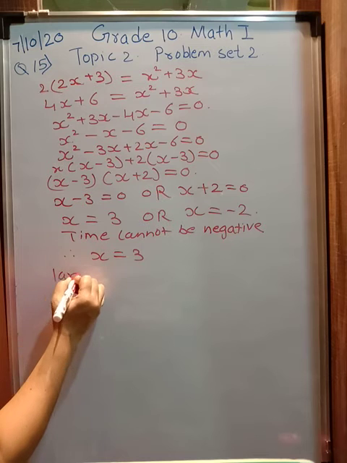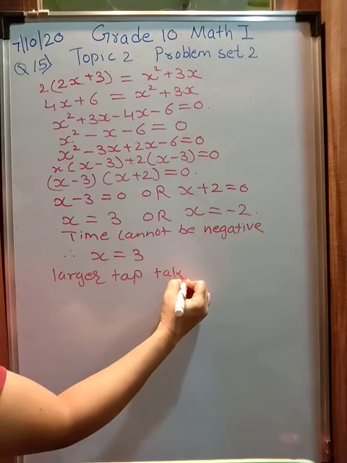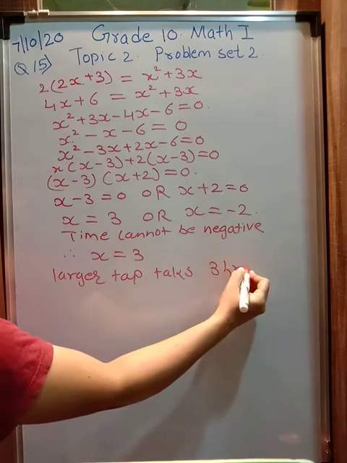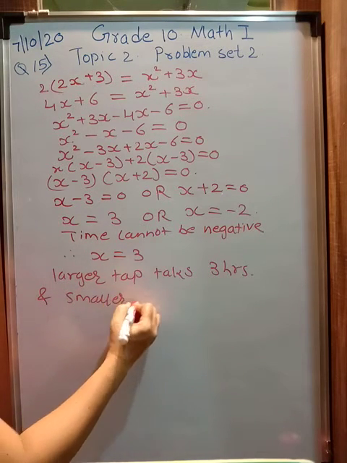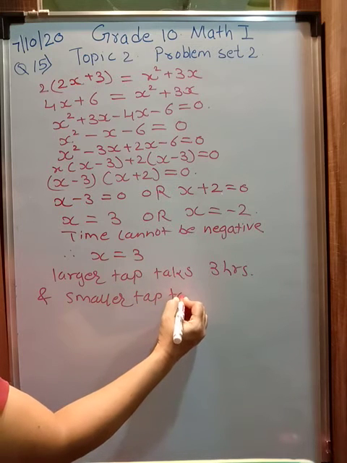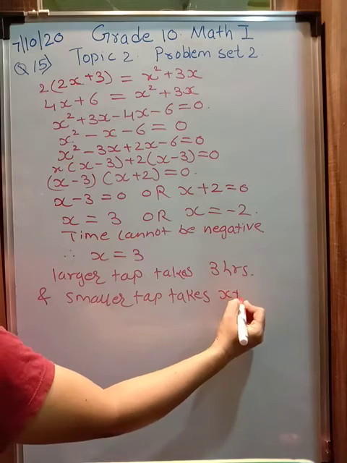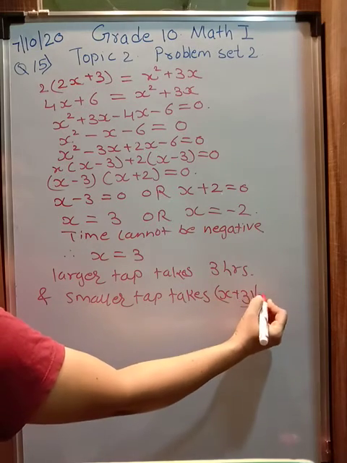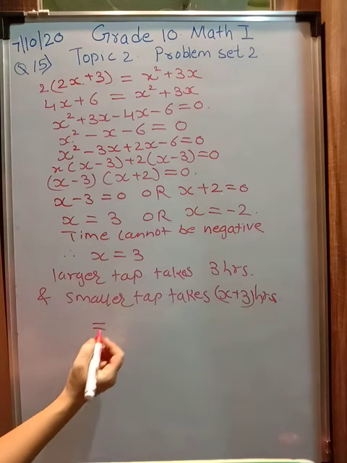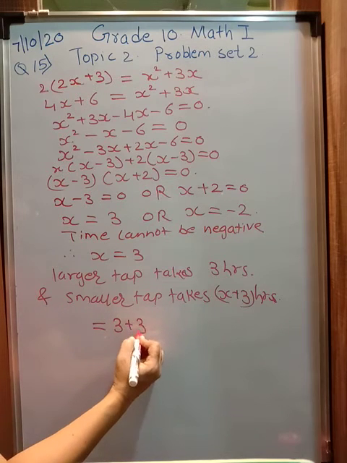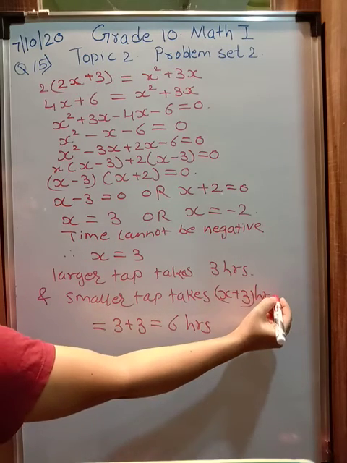So the larger tap takes 3 hours and the smaller tap takes x plus 3 hours, isn't it? So that is equal to 3 plus 3, which is equal to 6 hours.